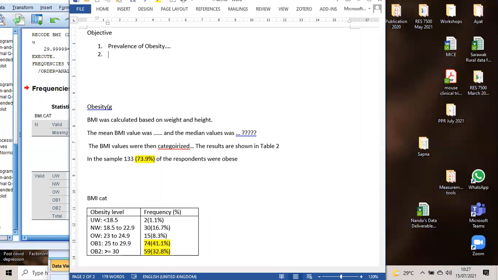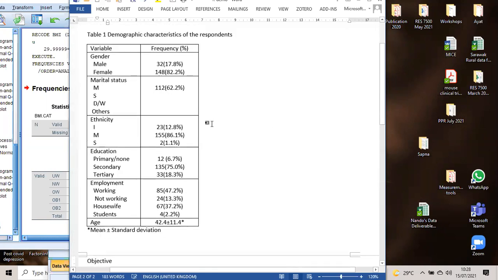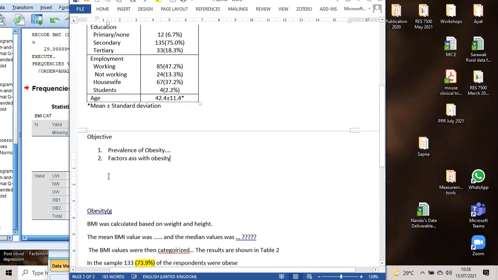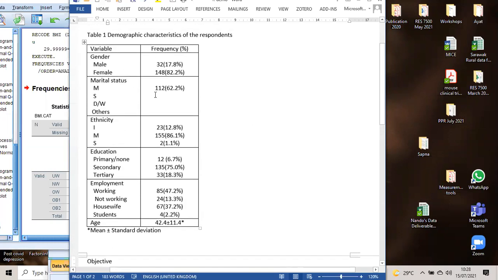What's your second objective? Studying the association of mental health with obesity. Before that, factors associated with obesity. That's your demographic characteristics. Otherwise, why have this? We want to know who is more obese, male or female, or is it by ethnicity?